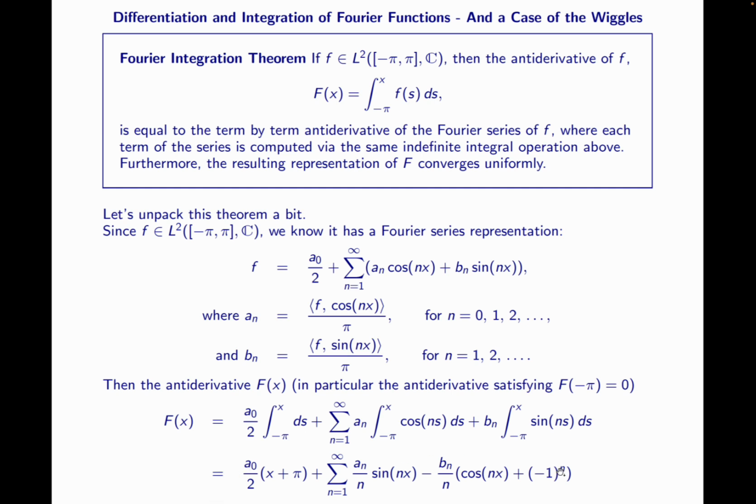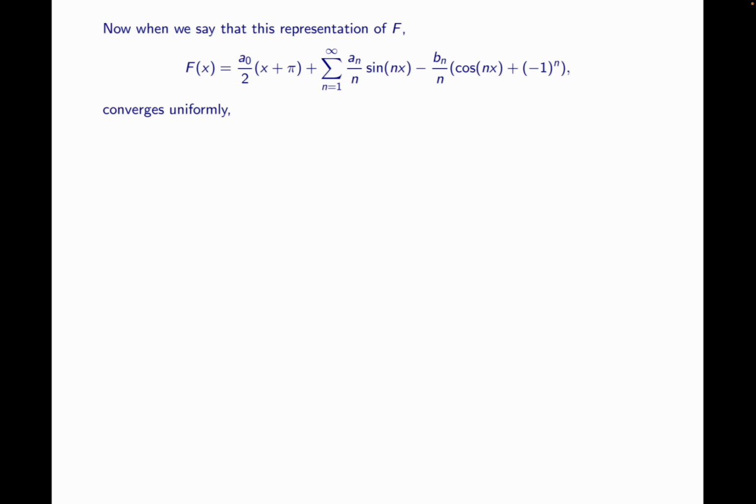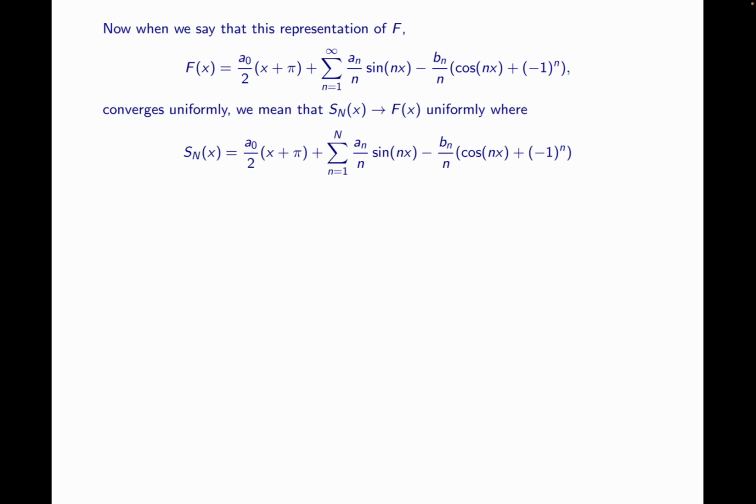Now you might say, converges? What do you mean converge? I don't see a limit anywhere. In fact, there is. Anytime we see an infinity, it implies a limit is being computed, especially if we have an infinity coupled with an equals. When we say that this representation of f converges uniformly, what we mean is that the function S_N of x converges to f uniformly, where S_N is this linear term plus the partial sum of this.